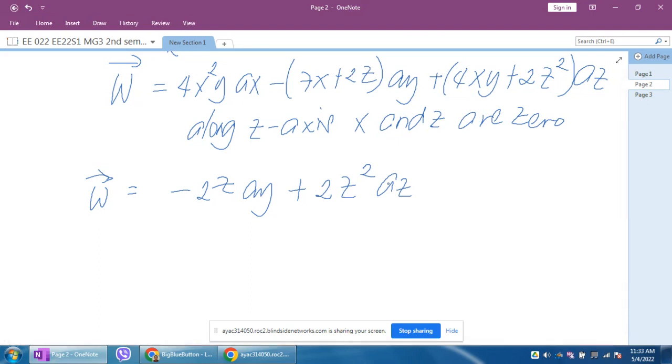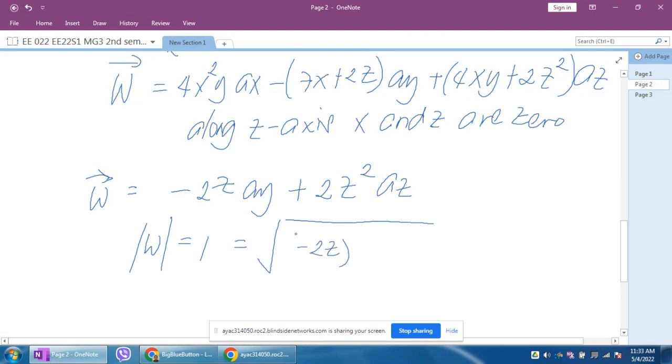Now, sabi, magnitude is equal to 1. So, kunin natin yung magnitude. Magnitude of W daw is equal to 1, which is equal to square root of negative 2z squared plus 2z squared squared. Tama po ba yung sinulat ko ngayon?